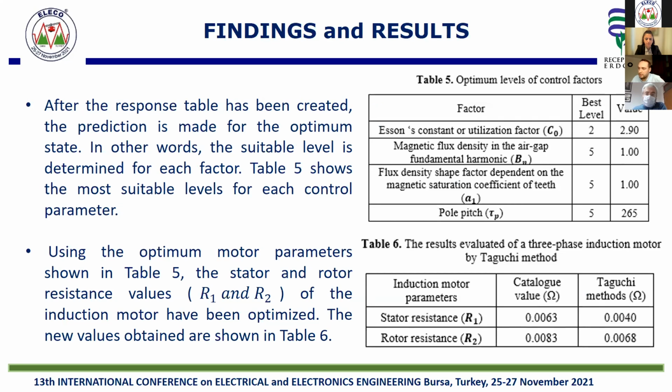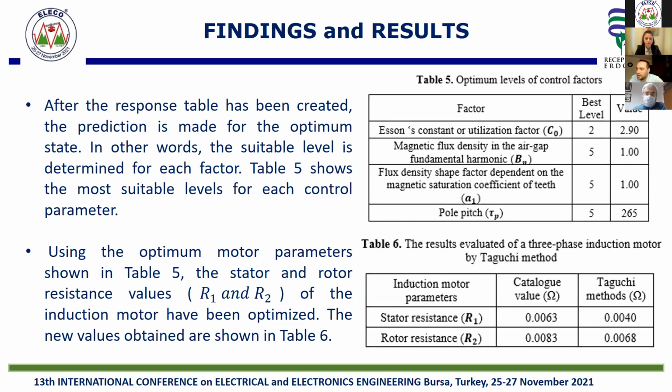After the response table has been created, the prediction is made for the optimum state. In other words, the suitable levels are determined for each factor. And table 5 shows the most suitable levels for each control parameter. For example, for factor alpha 1, the optimum value is 1 at level 5.